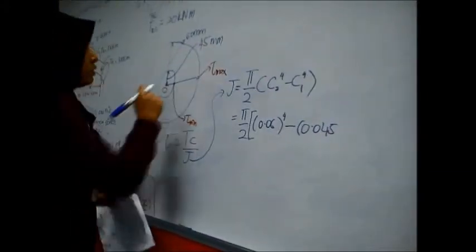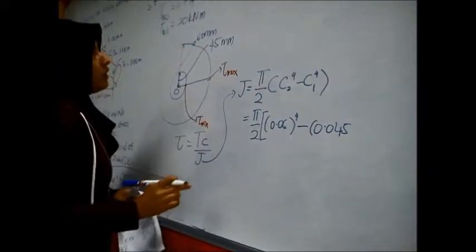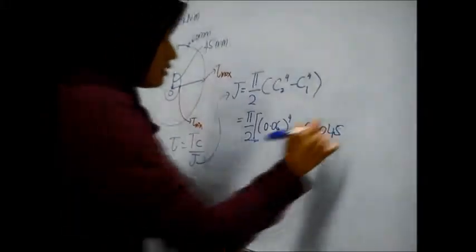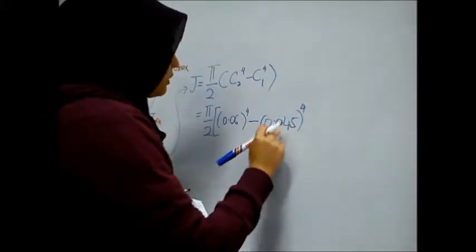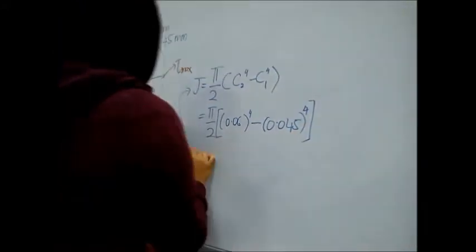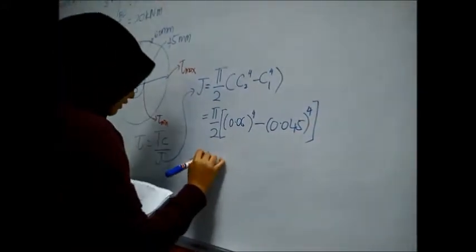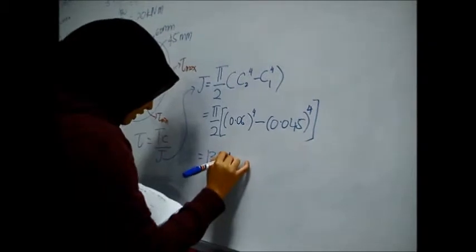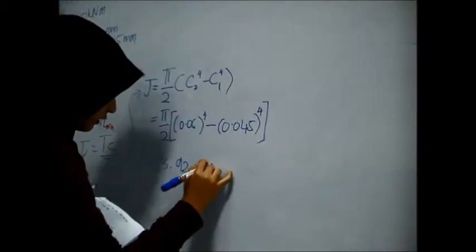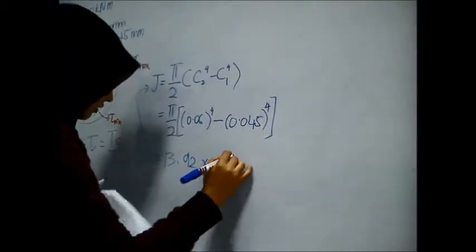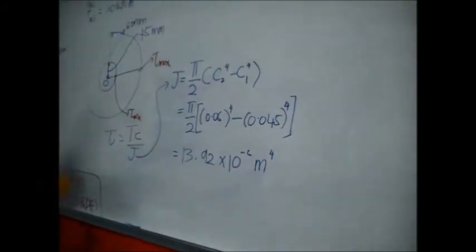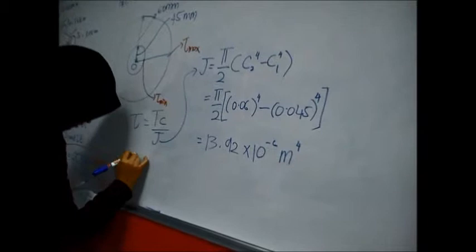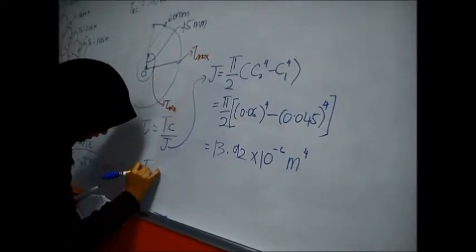So we divide by 2, so the radius will be 45 millimeter. So this one is the outer diameter and this one is the inner diameter. When we calculate, we get 13.92 times 10 to the -6 meters to the power of 4.